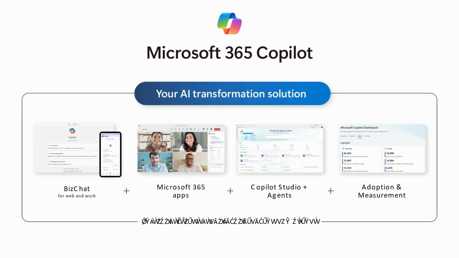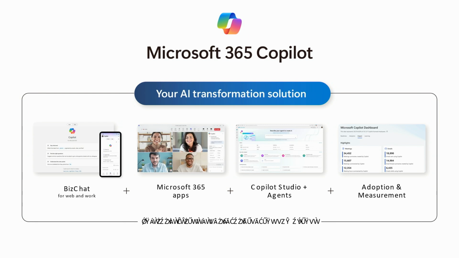Copilot is like an entire suite to transform your organization. It starts with Biz Chat. Biz Chat makes work as easy as chatting with all the information in your organization and on the web. And then you layer on the familiar apps like Word, Excel, PowerPoint, Outlook, and Teams to use AI in the flow of your work.